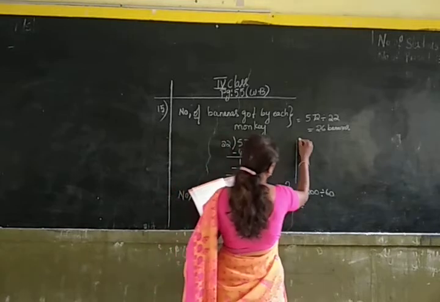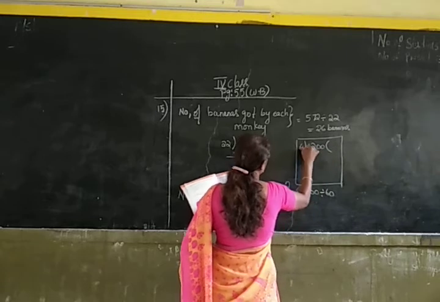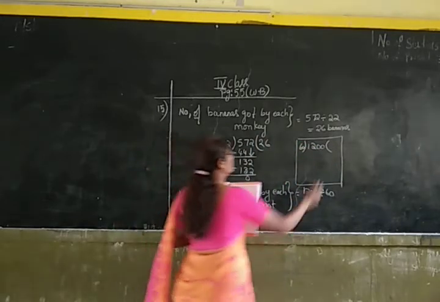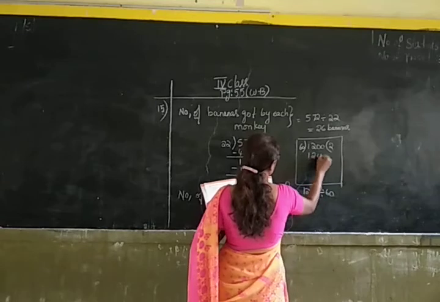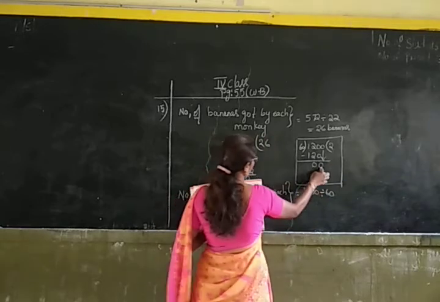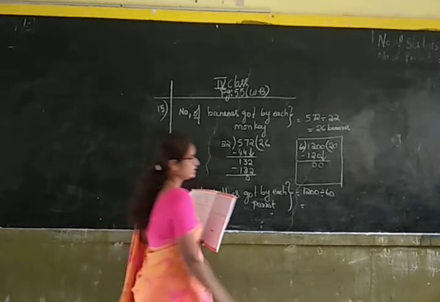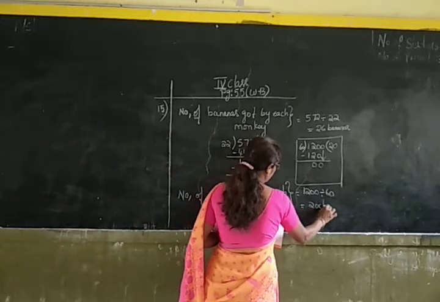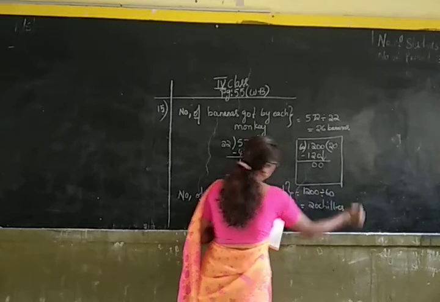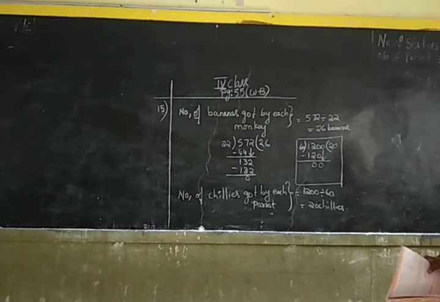Children, I am doing the division here. 60 twos are 120. So, bring down 0. When you bring down a 0, if there is 0 here, you have to put 0 in the quotient. So, each parrot will get 20 chilies. Each monkey will get 26 bananas and each parrot will get 20 chilies.